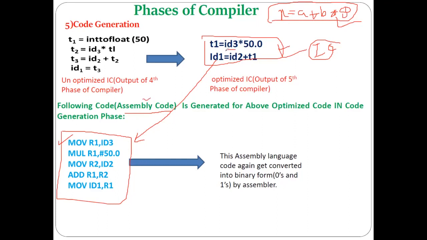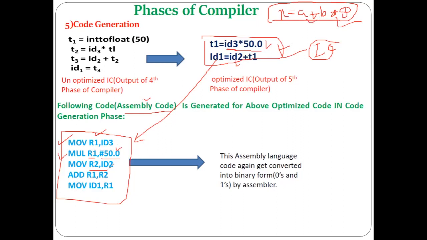So here, first we move ID3 into the register. As you know, you need to move things into a register before you do the processing on them. Then we do the multiplication: MUL R1, 50.0, meaning whatever content is in R1, you multiply it with 50.0. So we have done this instruction. Then the next, MOV R2, ID2, means move ID2. What is ID2? ID2 is a. ID3 was b.